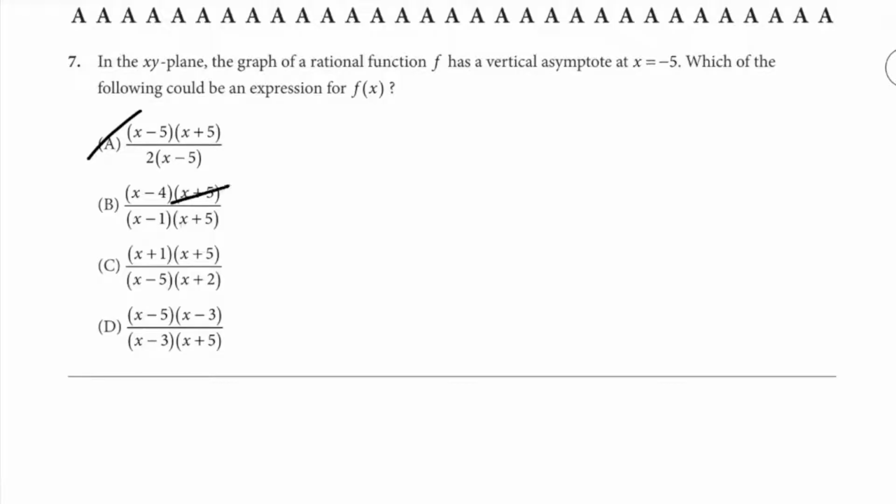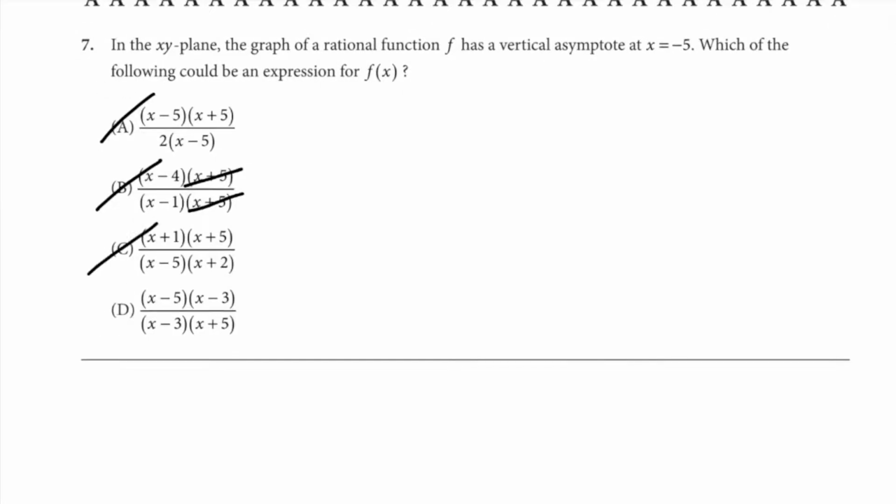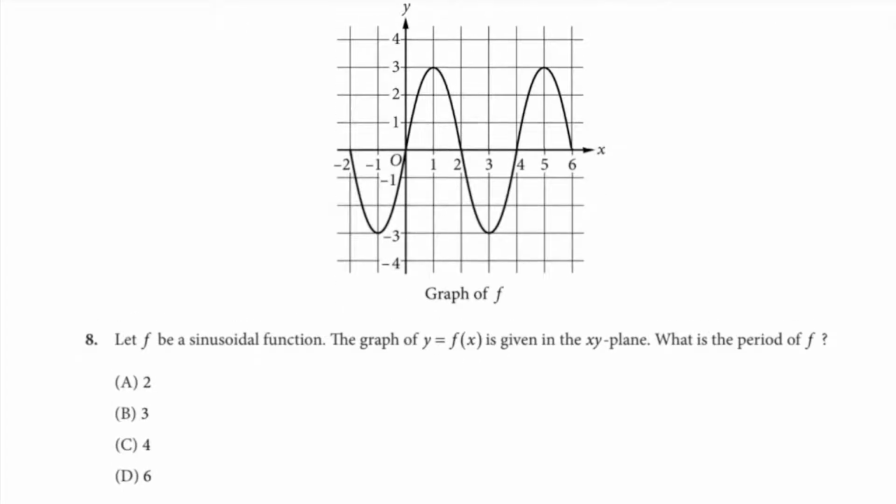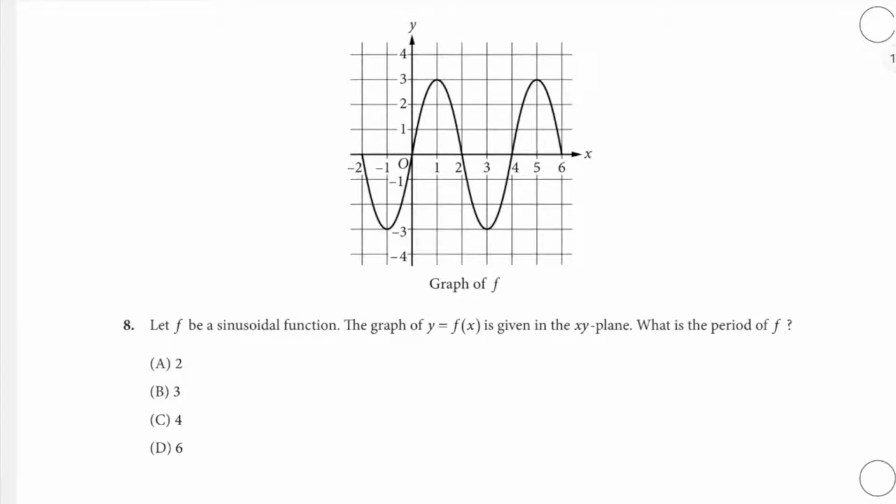This one has a vertical asymptote, but at x equals 1, and the hole would be at x equals negative 5. This C has vertical asymptotes at x equals 5 and x equals negative 2, but that's not what we're asking for. This is the one, because of that and a lack of a canceling factor in the numerator. I'm going to see a vertical asymptote because of the division by 0. That is the cause of a vertical asymptote always, at its core: division by 0.